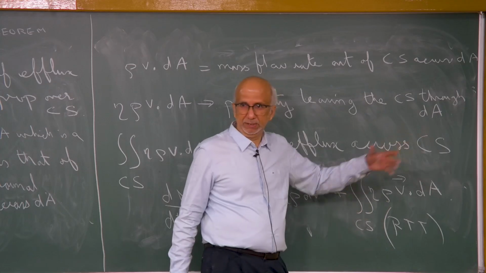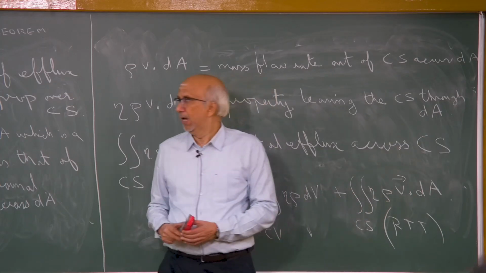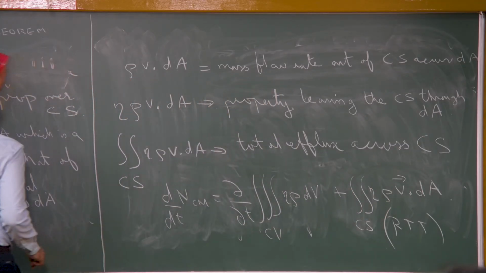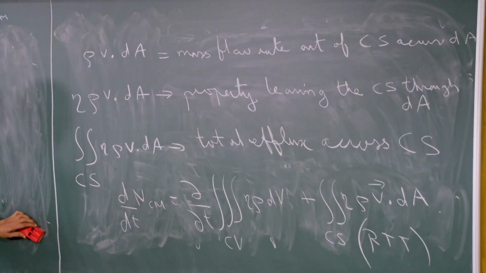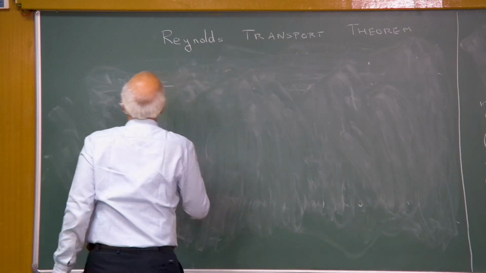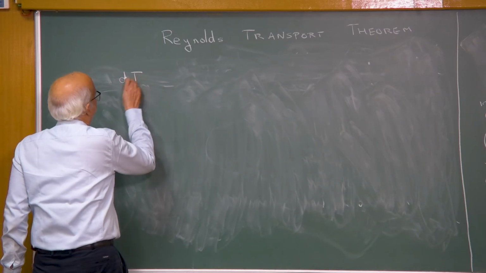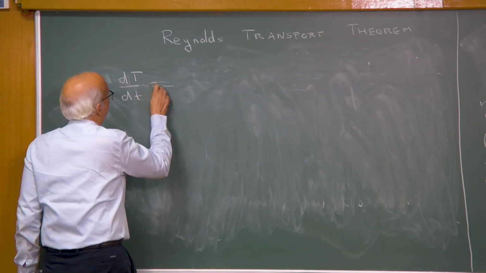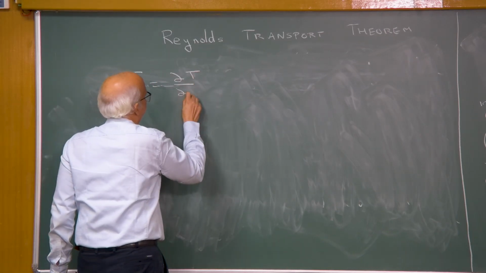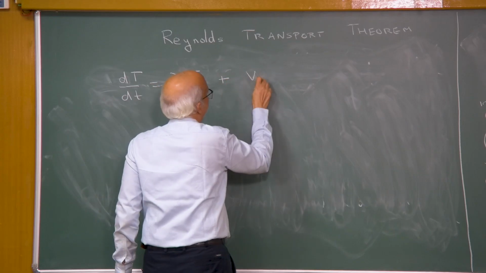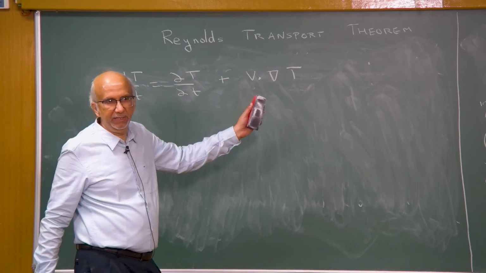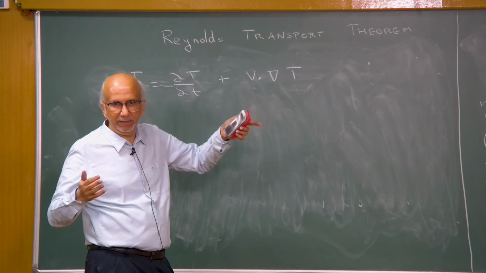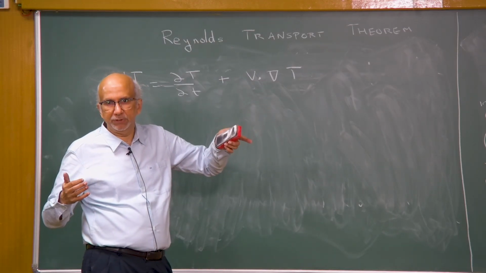and this is the property leaving. I told you earlier that there is some kind of an analogy with this thing we derived earlier for a particle, DT/Dt equals partial derivative of T with respect to t plus V dot del T. We had derived this when we were trying to relate Eulerian and Lagrangian approaches.